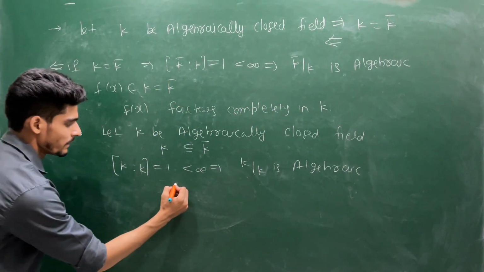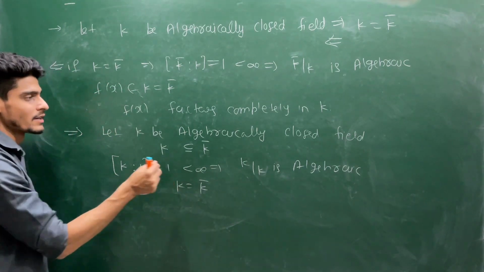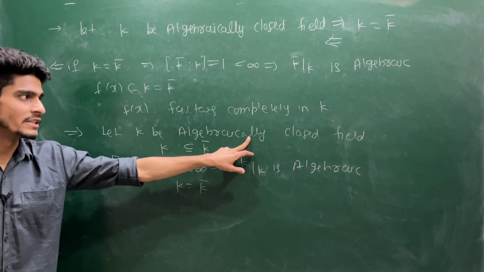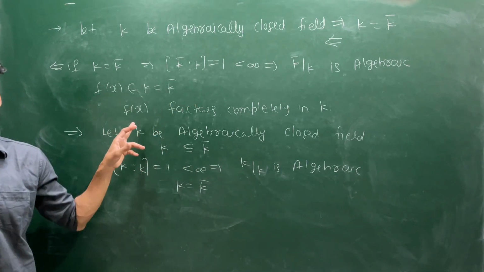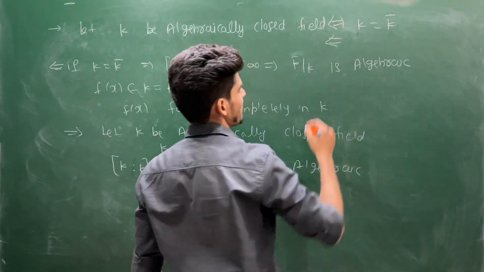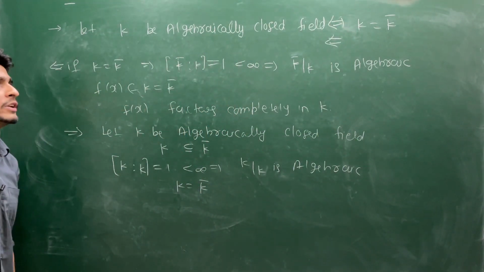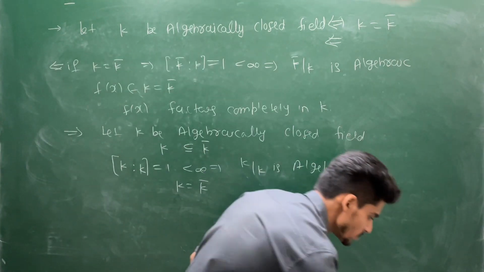And also you can see this K is the same as K bar, because every polynomial in K factors completely in K because K is an algebraically closed field. So K bar and K will be the same. So the converse is also true. So you can say K is algebraically closed if and only if K is the same as K algebraic closure. So this is a statement we can use.